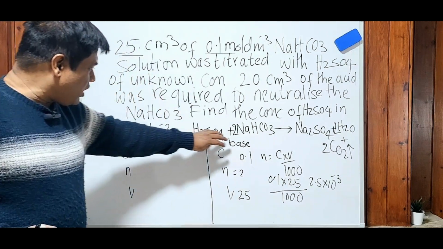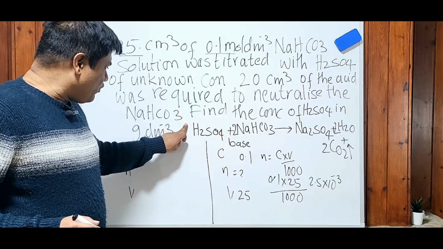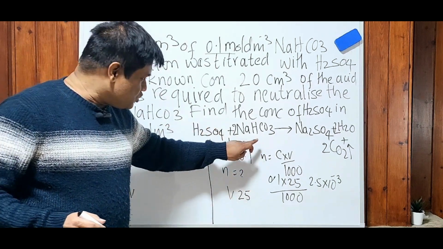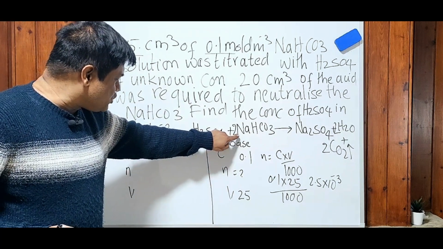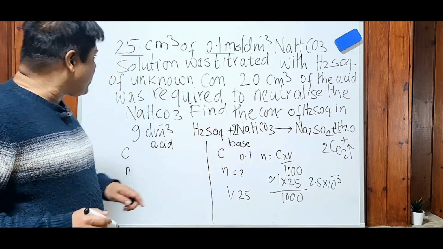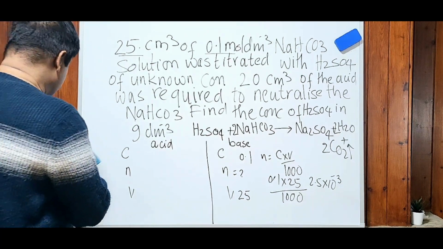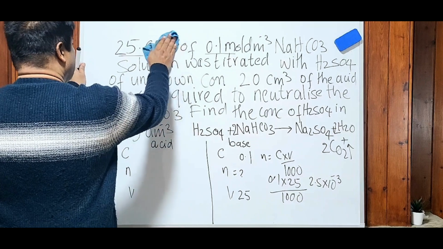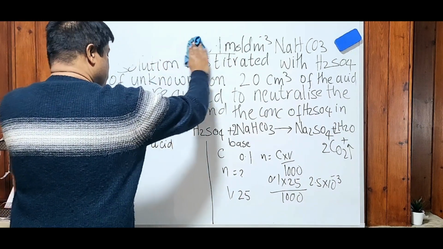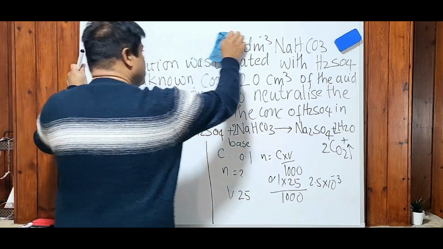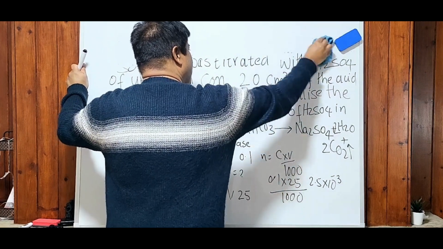What's the molar ratio, guys? 1:2 means 1 mole of acid reacts with 2 moles of sodium hydrogen carbonate. So can I divide by 2 to get the mole of sulfuric acid? Yeah, because it's a 1:2 ratio. Divide 2.5 by 2 to get the mole of sulfuric acid.